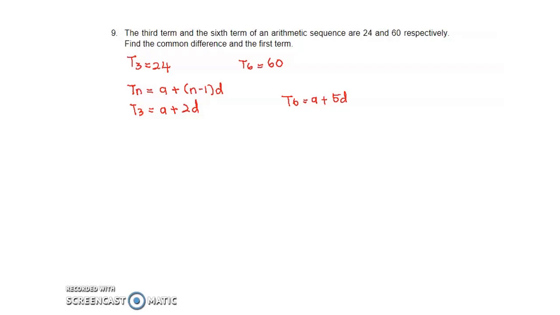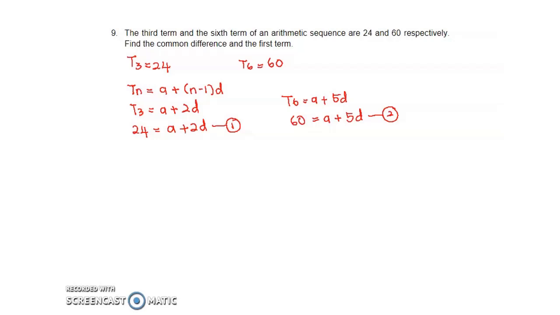Substitute the values into the general term. T3 equal to 24, so 24 equals A plus 2D. We make this the first equation. And T6 equal to 60, so 60 equals A plus 5D. We set this as the second equation.